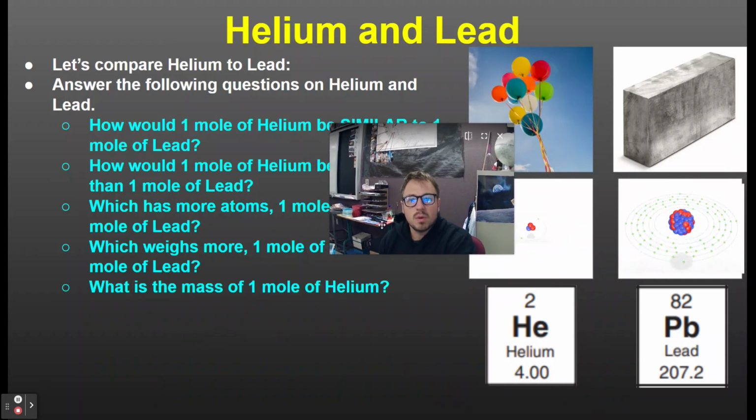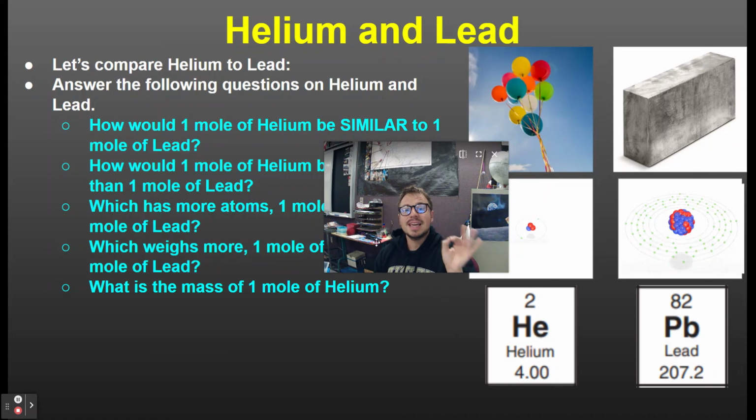So what is the mass of 1 mole of helium? Remember, if I'm taking individual atoms, counting 1, 2, all the way up to 6.02 times 10 to the 23rd, and I put it on a scale, 1 mole of helium atoms is going to have a mass of 4.00 grams.